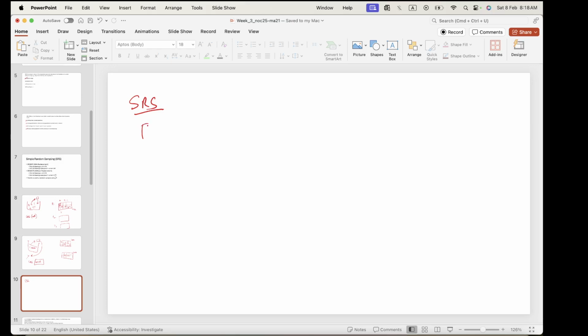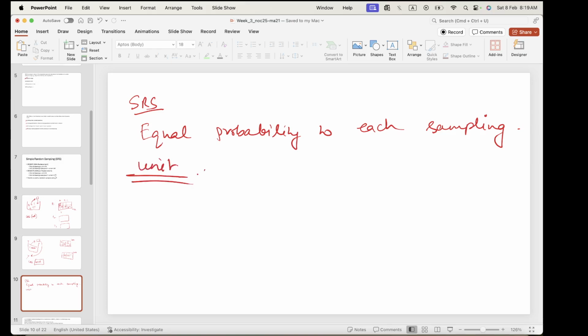In simple random sampling, I am providing equal probability to each sampling unit, not each sample. Doesn't matter how I draw the sample, I am assigning equal probability to each sampling unit.